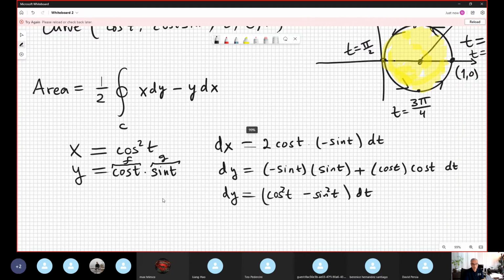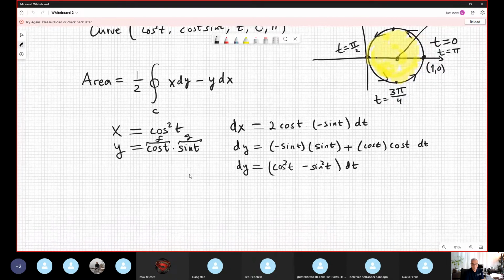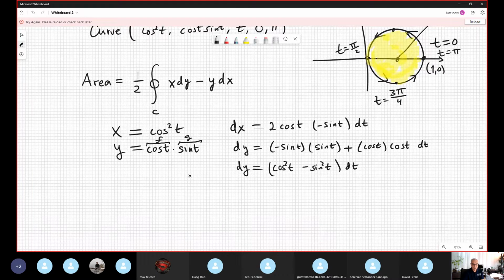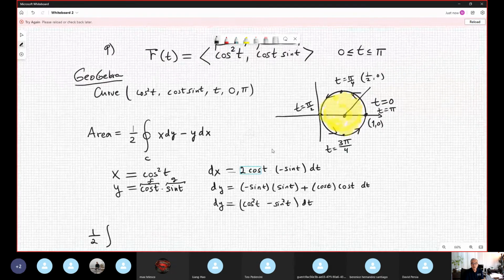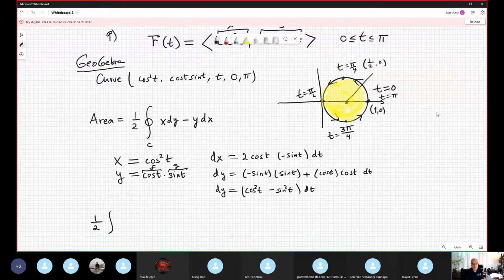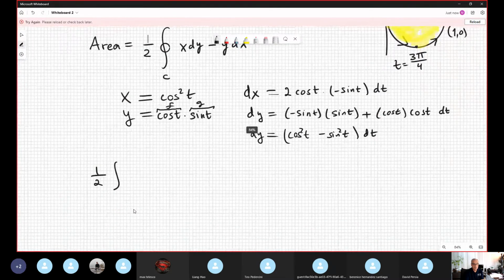Okay, the parametrization allows me to convert this line integral into a single integral of the kind one. It is 1/2 integral from the domain of t, which is from 0 to pi. Look at that. My integral is from 0 to pi. Cool.